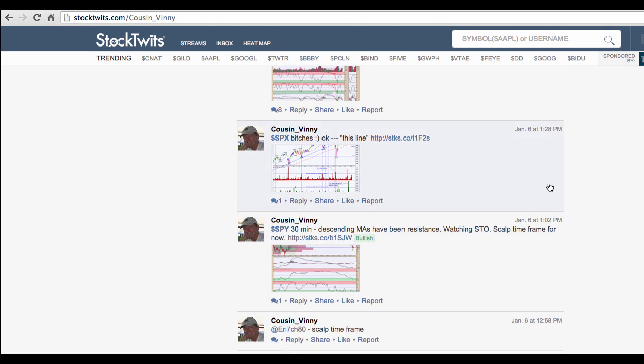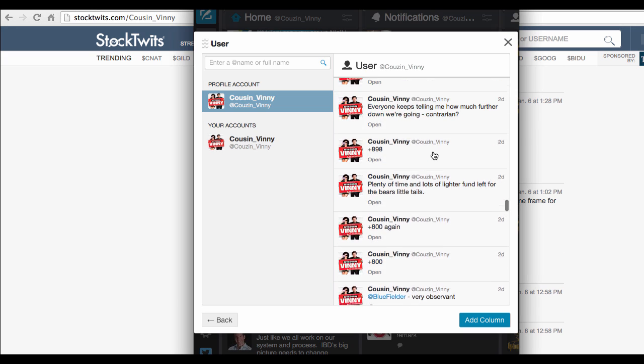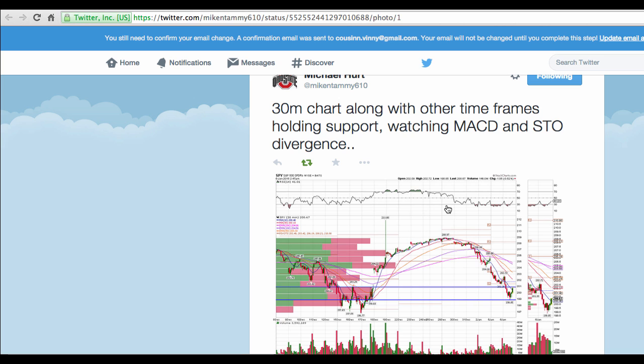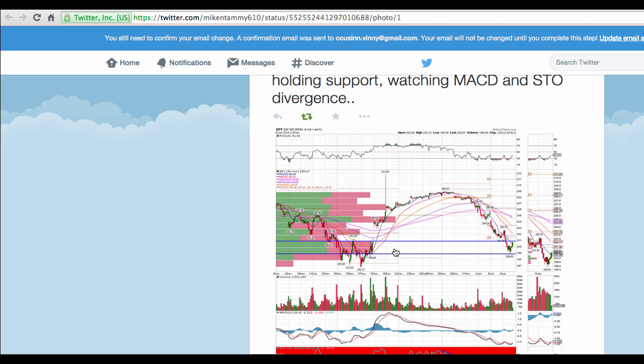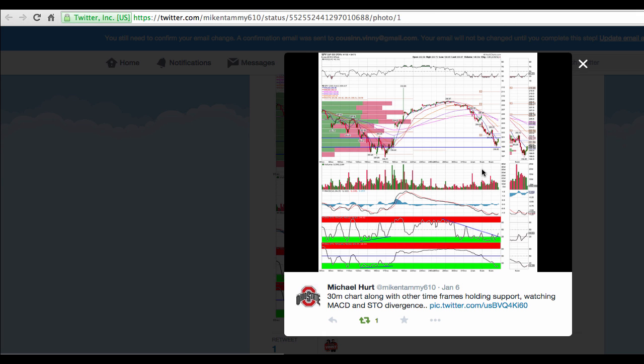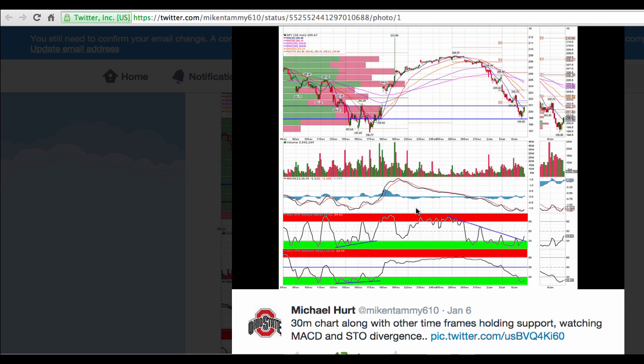Let's fast forward in time. We can see that Mikey took the same trade, 30-minute chart with all time frames holding support. He's looking at this area right here with these volume by price bars, and look, he's got the same setup that I'm looking at. He's using the 30-minute, but I was using the 15-minute.